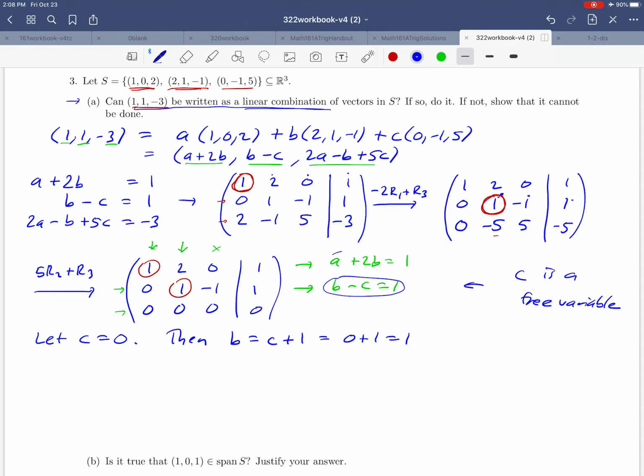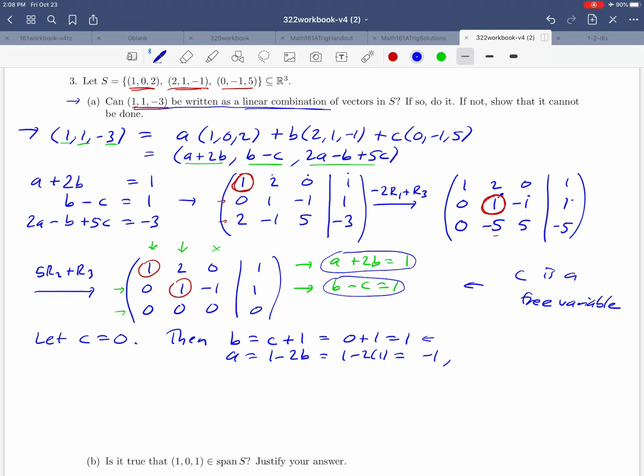Then move back to this equation. A, if we subtract the 2B from both sides, is 1 minus 2B. We now know that B is equal to 1 from up here, so we substitute that 1 in, and 1 minus 2 is negative 1. Here's what we get.